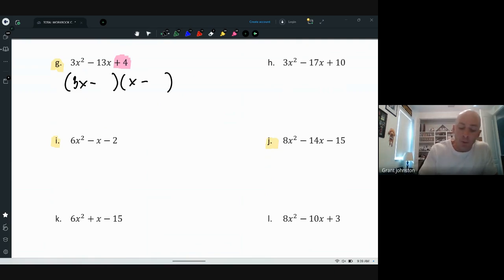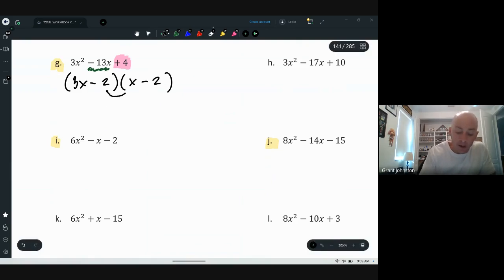I got to get all the way to negative 13 when I combine. If I just put 2's here, I don't think that's going to get me to the negative 13 that I need, because a 3 times 2 is negative 6x, and then that's just another negative 2x. That's not going to get me all the way to negative 13.